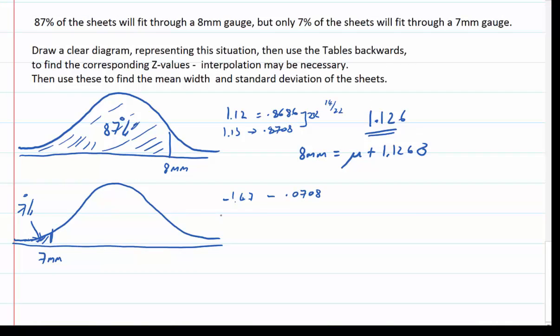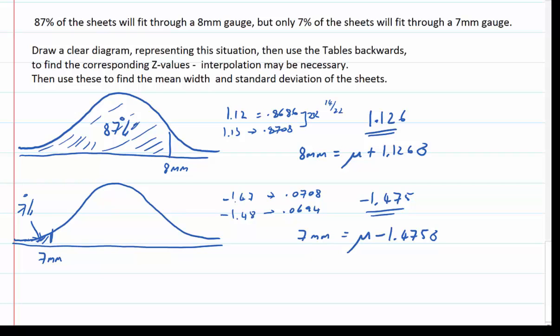And minus 1.48 was 0.0694. So we've pretty much got to go exactly halfway between the two. So the Z value for this is minus 1.475. So in other words, 7 millimeters is mu minus 1.475 sigma.